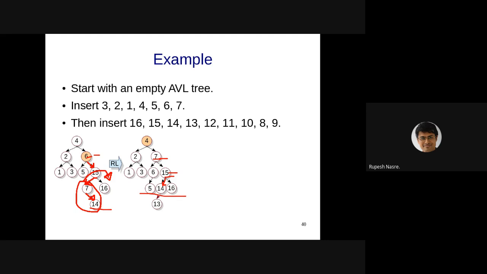When we do an L rotation, left rotation, then somebody needs to adopt something, right? So what would that be? 7 by 5, no. Others say 6 by 7.